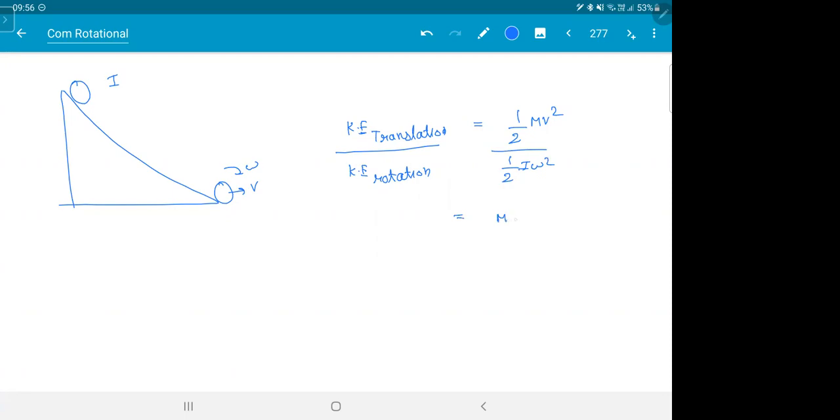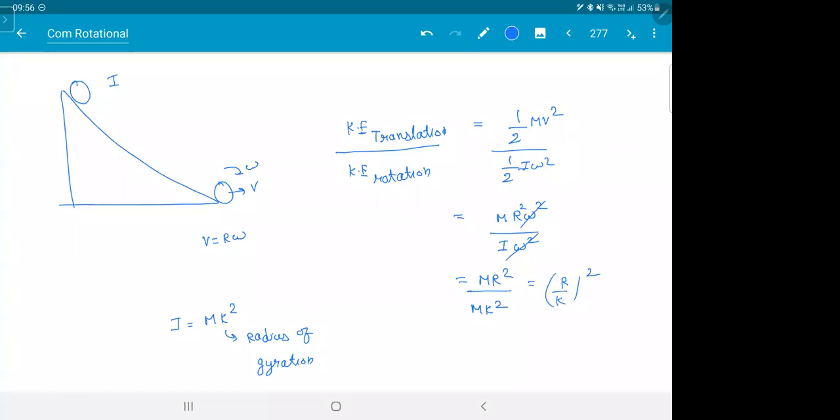Half gets cancelled, m, v is r omega, I omega square, omega will cancel. Remember, you can write I as mk square. K is the radius of gyration. So that will be r by k whole square.